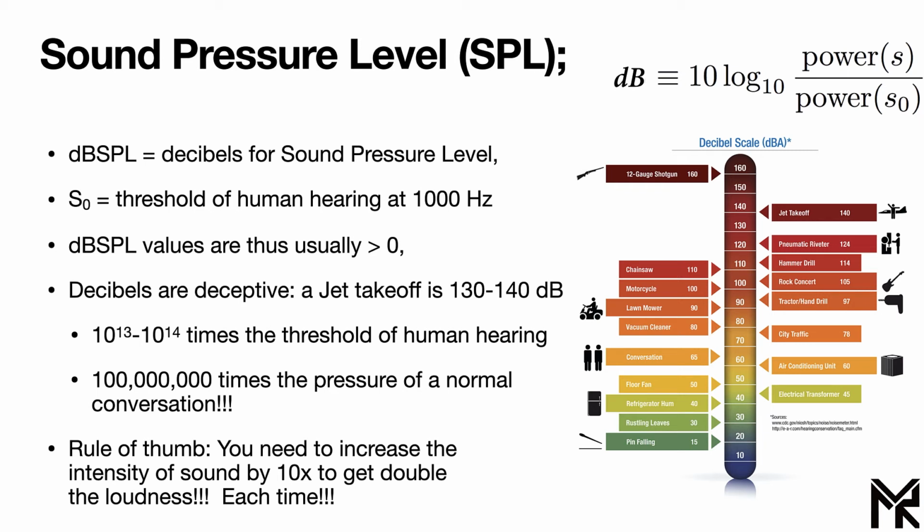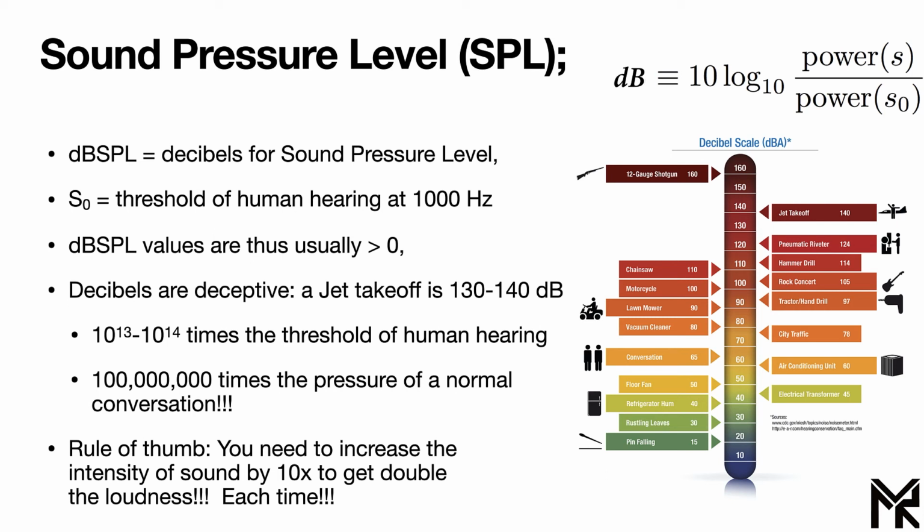And this has to do with the fact that when you think about the power in your signal, you're having a squared amplitude, a lot of times, let's say in your digital audio workstation. So to get twice as many decibels, you're doing 10 times the log base 10 of some number squared, and you want to get this dB to be twice as much. So you can work out this ratio, and you end up finding that you basically need to increase something by 10 dB.